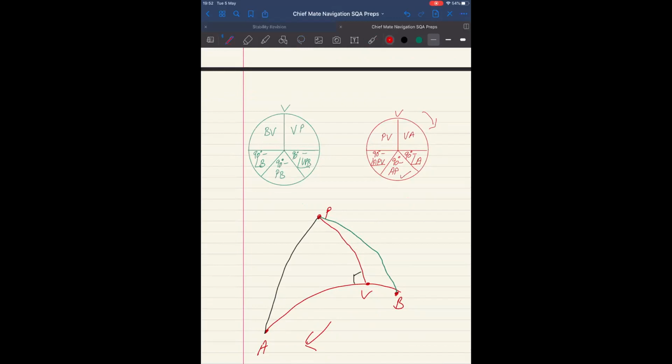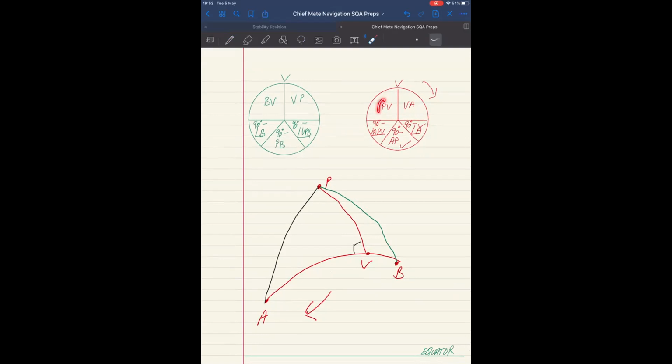You would have already calculated your initial course. So initial course is basically this angle, which is angle A. In Napier's wheel, if you know any two things, in this case this and this, we will be able to find out all these three things with only these two values.